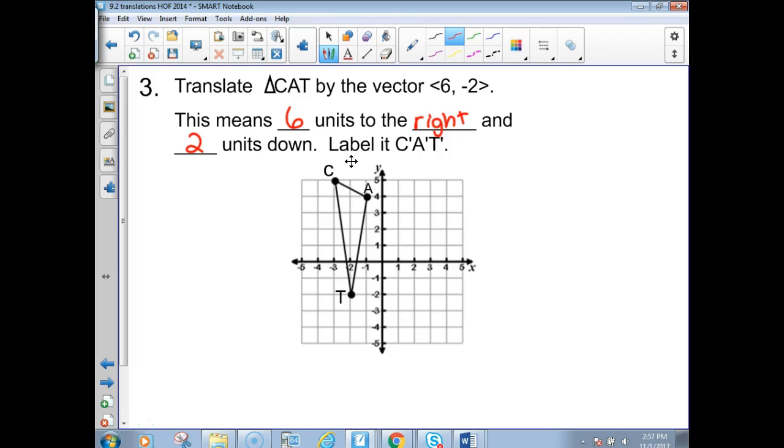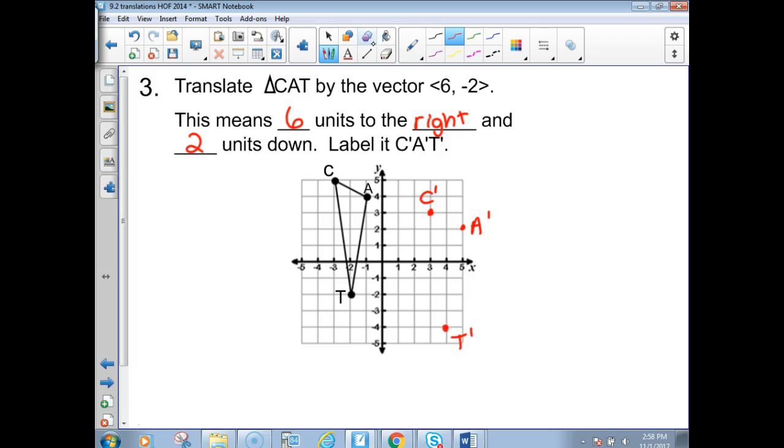No. 1, 2, 3, 4, 5, 6, down 2. There's your C prime. A goes 1, 2, 3, 4, 5, 6, down 2. A prime. You thought it was going to go off. And T, 1, 2, 3, 4, 5, 6, down 2.